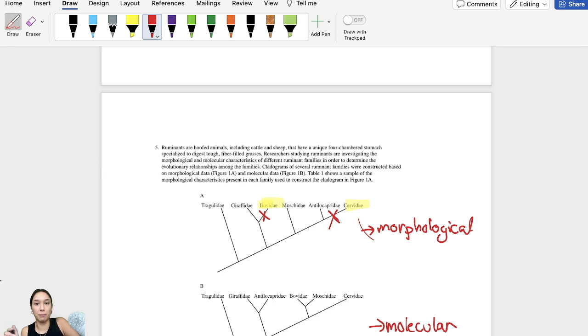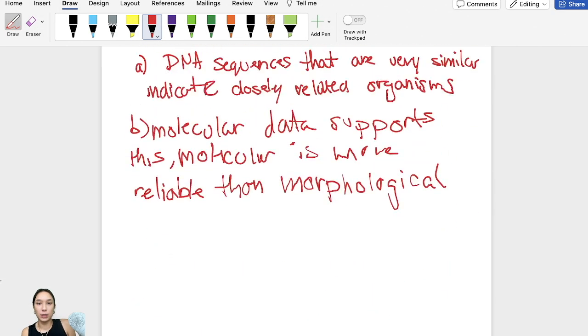They developed them separately. So if I wanted to put that into words for our answer, you can say they arose independently in Cervidae and Bovidae because the common ancestors don't have them, okay? So let's write that down.